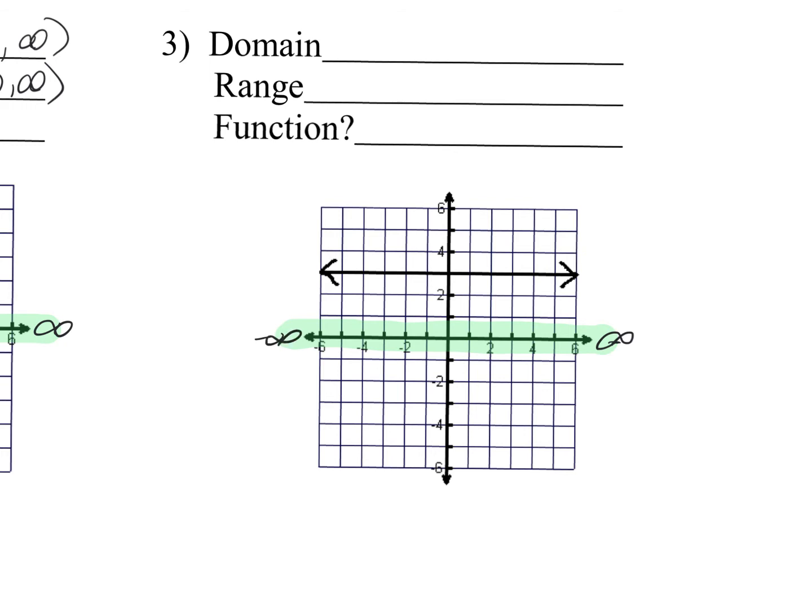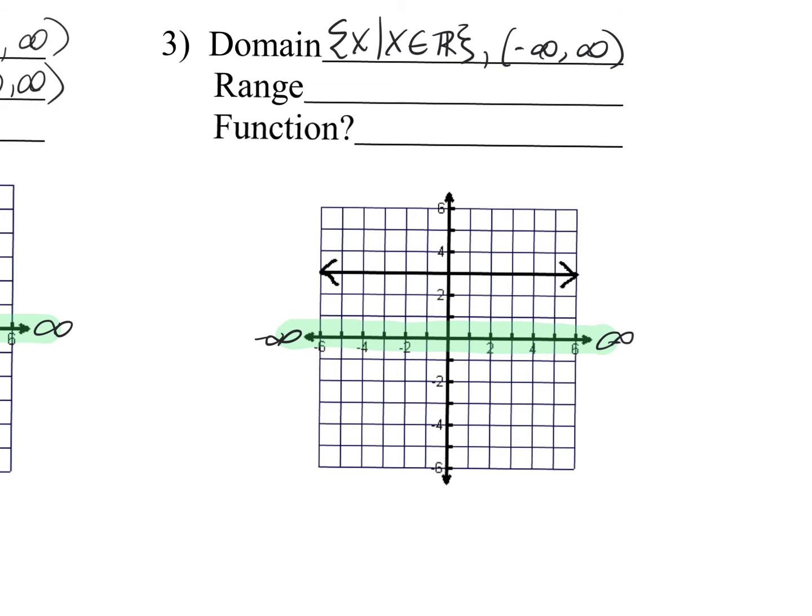So that should trigger in my head that that's all real numbers. So my set notation is going to look like this: x such that x is an element of all real numbers. And in interval notation it looks like this: negative infinity to positive infinity. And remember, we always use parentheses with infinities because they're not an actual location.